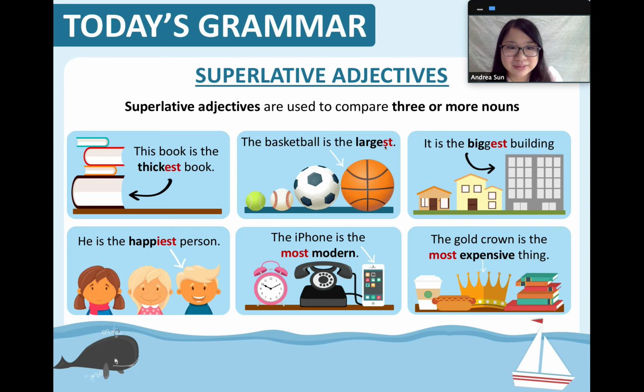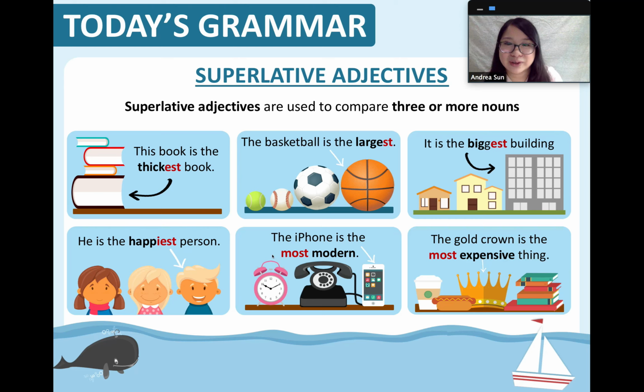Number 2, ST. Number 3, GGEST. Number 4, IEST. And then we have some words that use the word most. Most expensive, most modern. Okay, so they look very similar, but the rules are a little different.